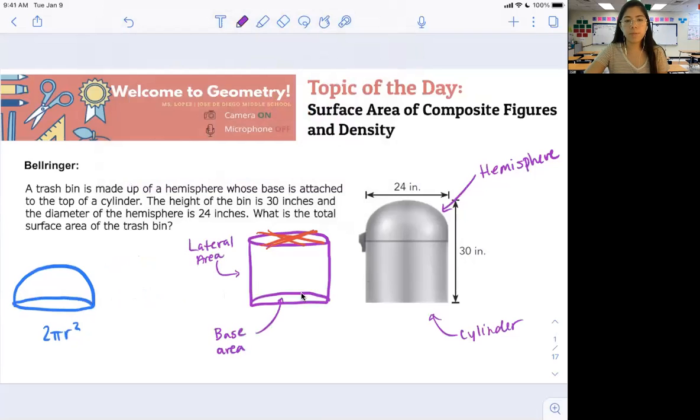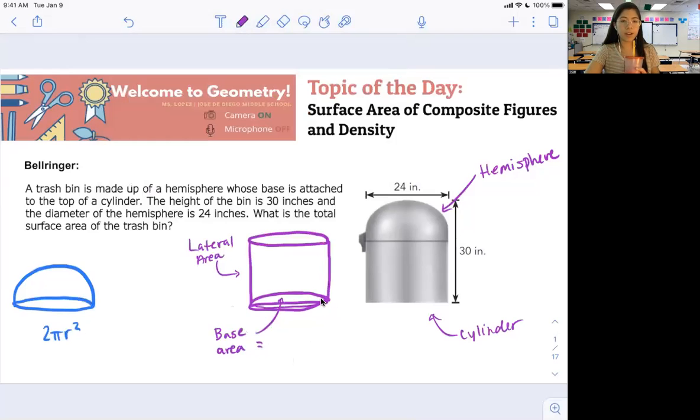What would be the formula for the base area of my cylinder? What type of shape is it, and what would be the formula? Two pi r would be the circumference.